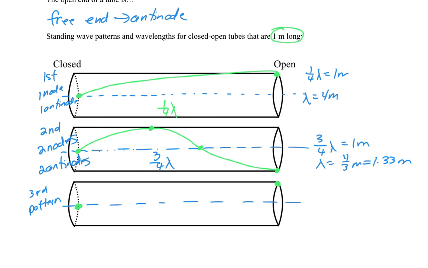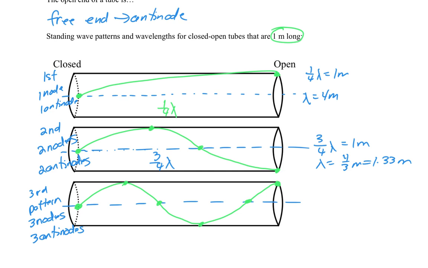And this time I've got to add in more of the wave, so I've got to get to an antinode and then another antinode and then this last antinode. I can label or mark the locations of all the nodes and antinodes. And I can see that now I've got 3 nodes and 3 antinodes.